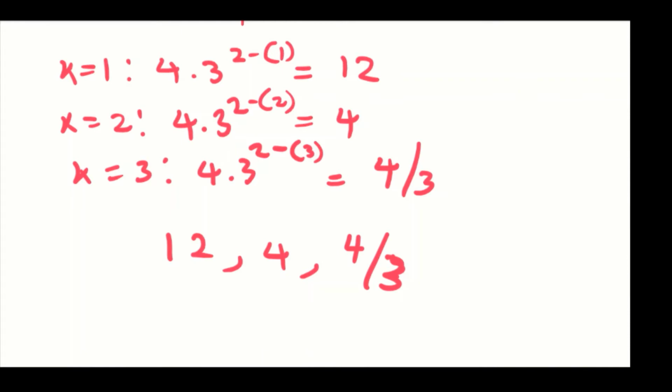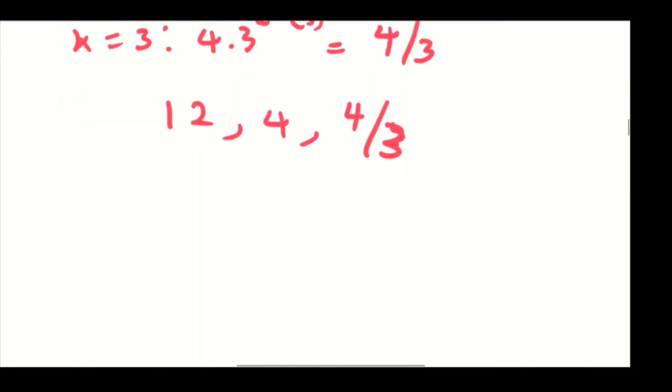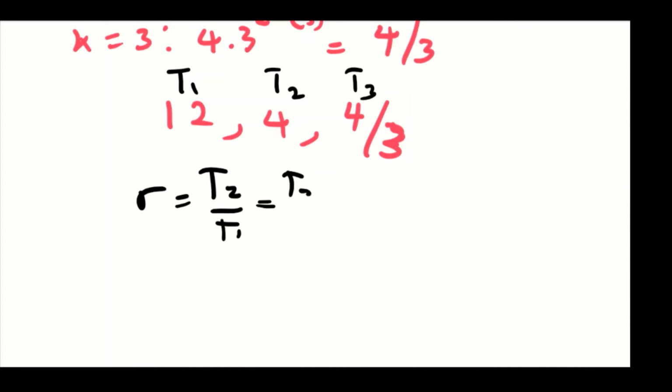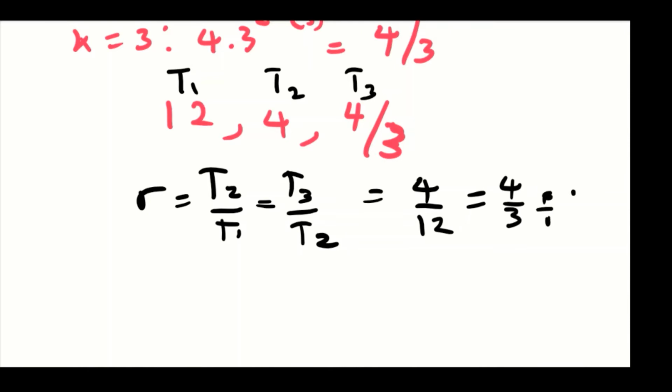So now, to prove convergence, we need to first find the ratio of these terms. So this is term number 1, term number 2, term number 3, right? So the ratio is equal to term number 2 over term number 1, which is equal to term number 3 over term number 2, and we find 4 over 12 is equal to 4 over 3 divided by 4.